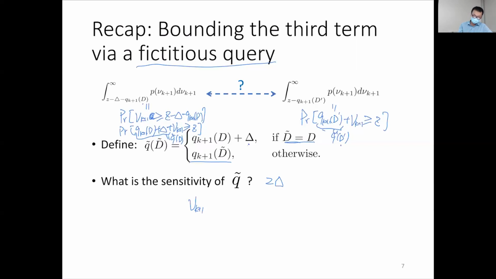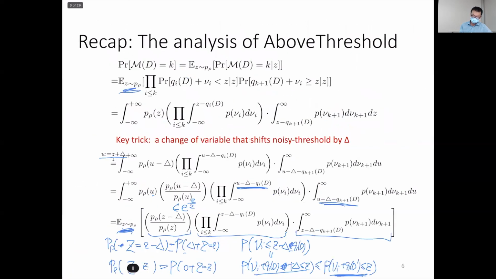Therefore, because of this, we can bound the left hand side with e to the power of half epsilon times the right hand side. And that deals with the last term. So we'll have e to the power of half epsilon and the probability of Q_{k+1}(D tilde) being larger than z.